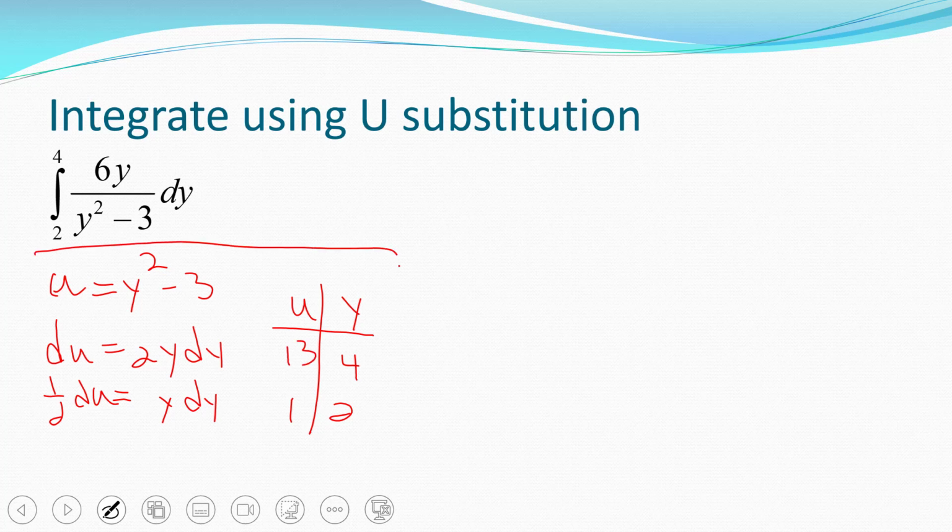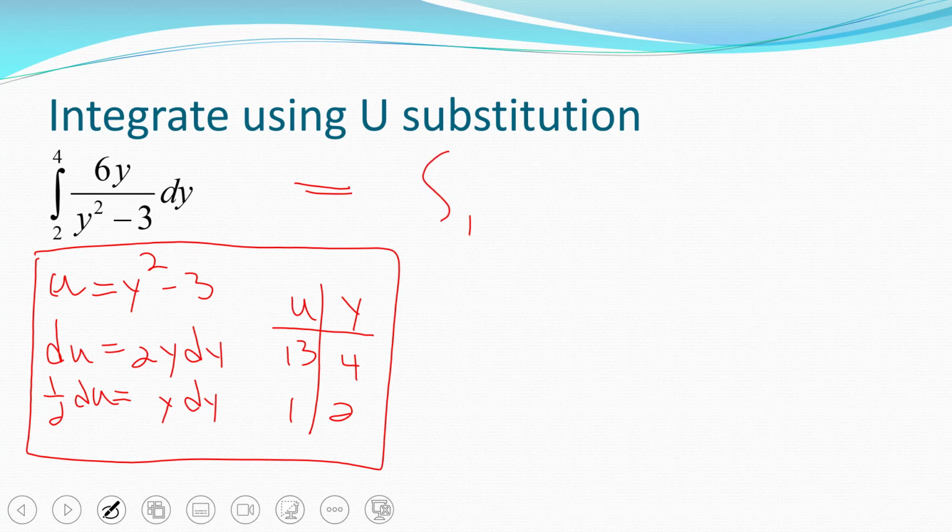So based upon these substitutions, this then becomes the definite integral from 1 to 13 of 6, and the y dy becomes 1/2 du, and the y squared minus 3 becomes u. I'll just clean that up.